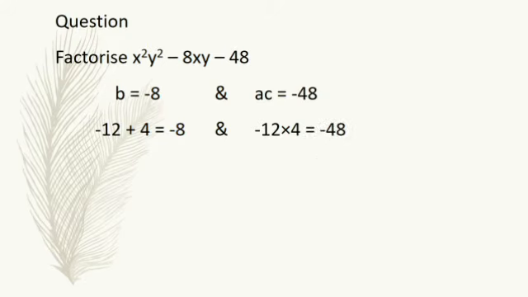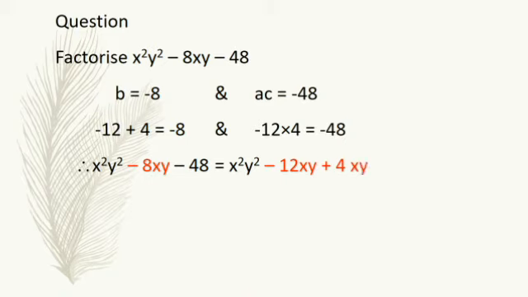So we have to split into minus 12 plus 4. Therefore, the polynomial can be written as x square y square minus 8xy minus 48 is equal to x square y square minus 12xy plus 4xy minus 48. Minus 8xy is split into minus 12xy plus 4xy.